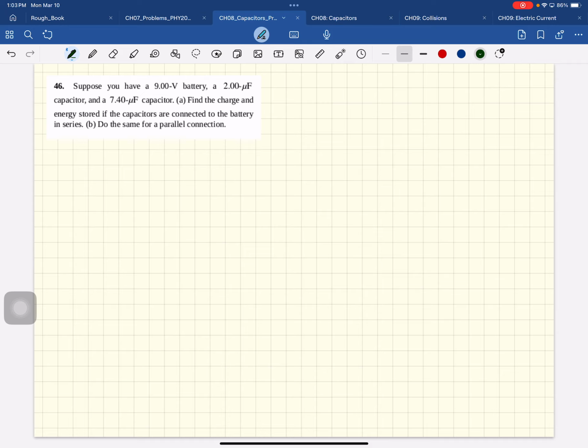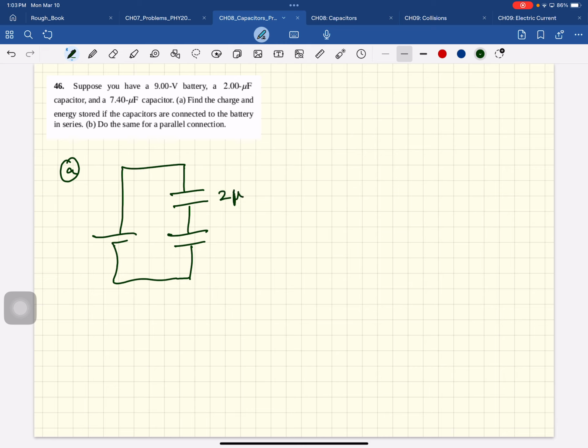So let's connect them in series first. We find the equivalent capacitance.